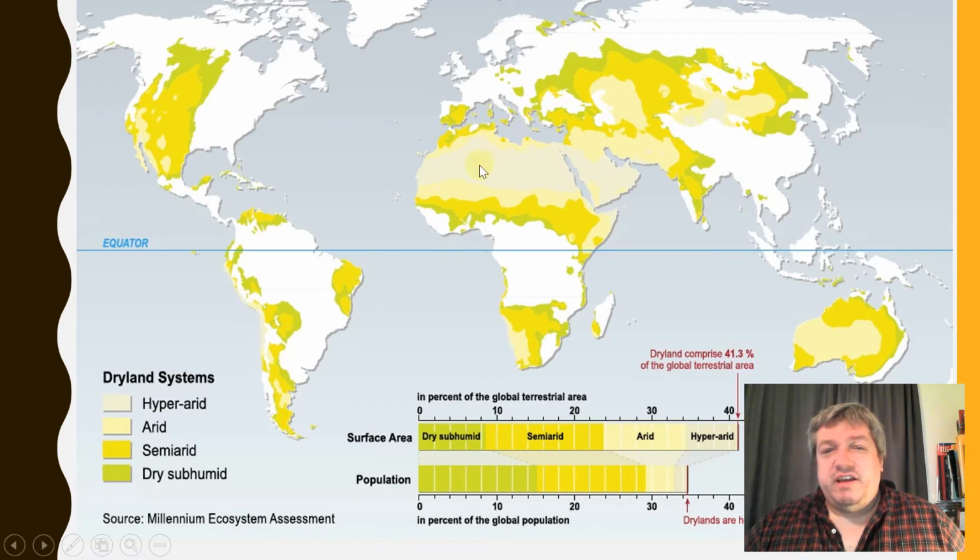Very, very dry. They call that hyper arid. There are some areas here that basically never get any rain, right? But as you go towards the edges, it goes from dry to semi to humid. So like right here, it's not the Sahara Desert, but it is a dry environment, right? These areas are drier. And what that means is it's desert-like.